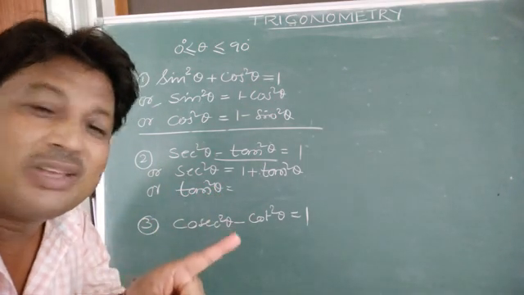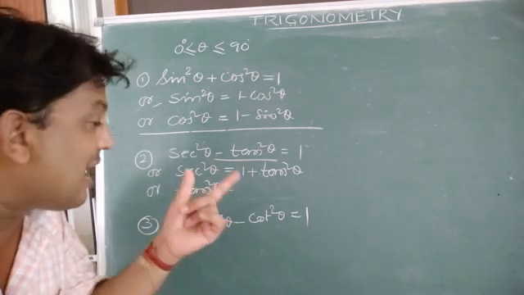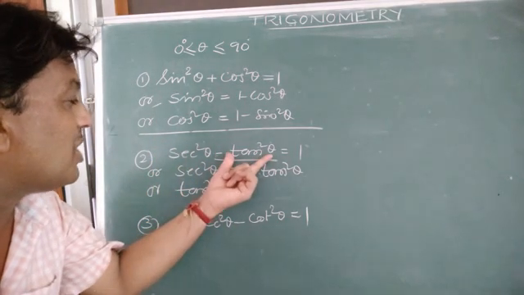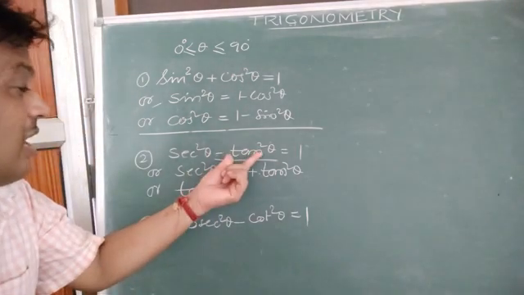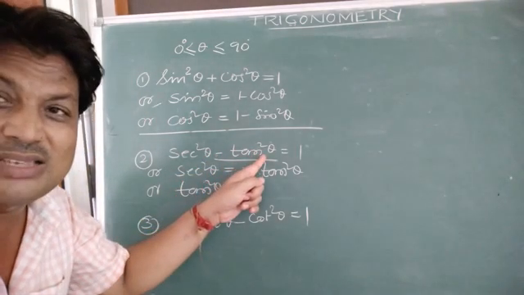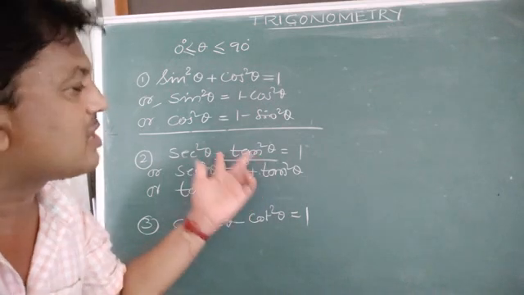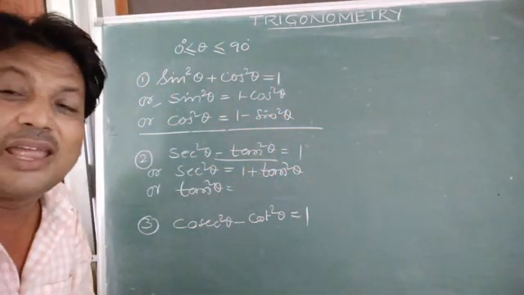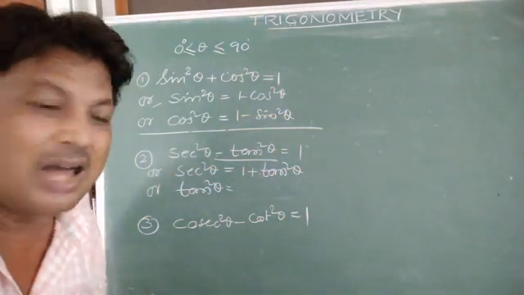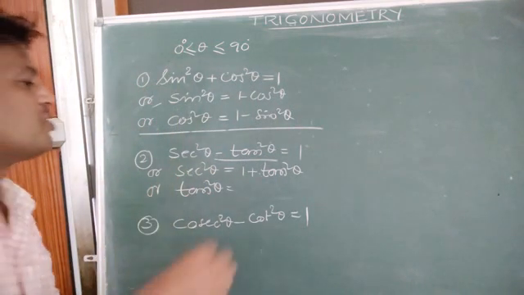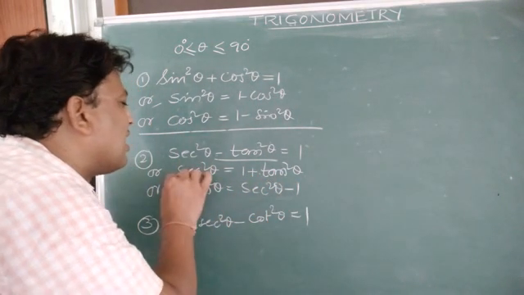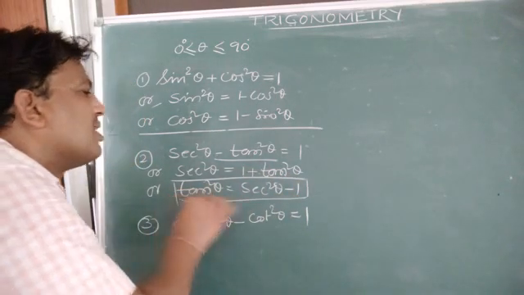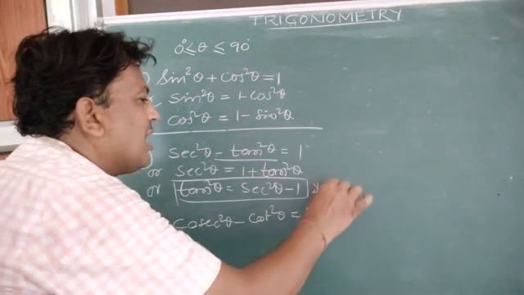No. Most of the students here write tan square theta is equal to 1 minus sec square theta. No, children. Here on the left side, minus tan square theta is there. Suppose minus tan square theta goes to that side, it will become tan square theta. 1 takes this side. So what happens, children? Sec square theta minus 1. It is very important. You should be careful here.